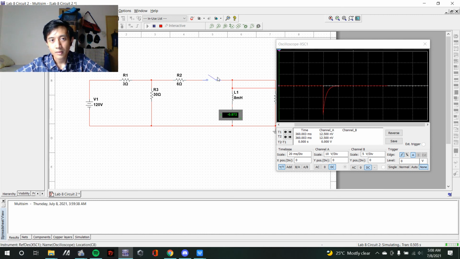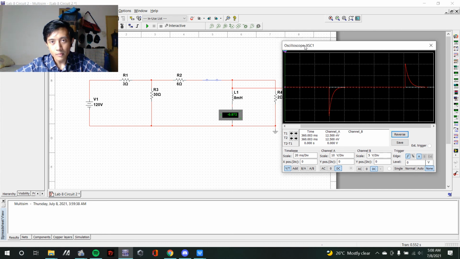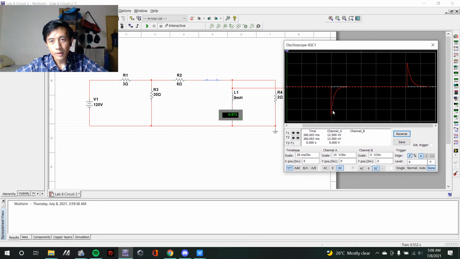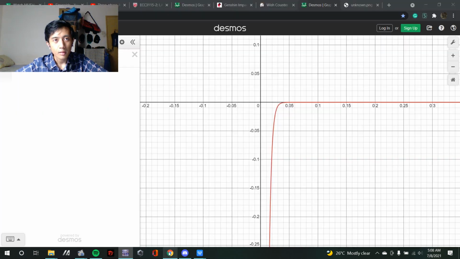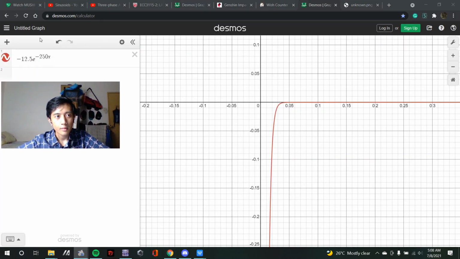So that is the energy dissipated, or the current flowing through the 2 ohm resistor. It will be a negative value. And then this is when the switch is closed back, in which it will be storing energy following the same function given in this one.